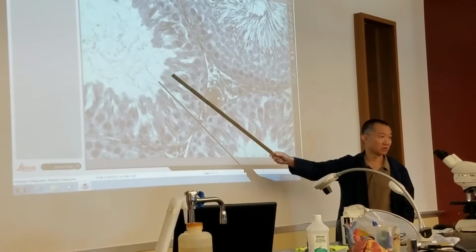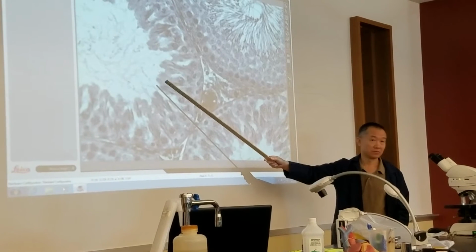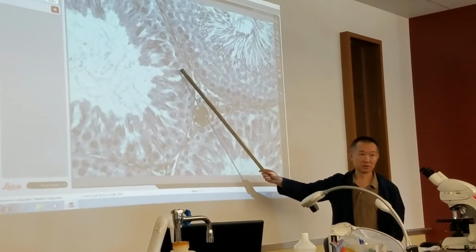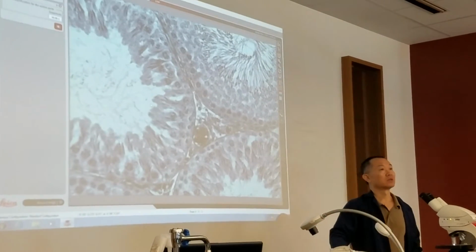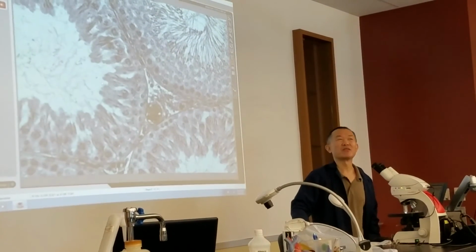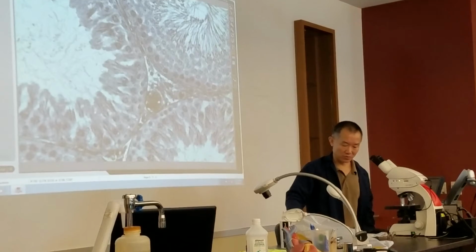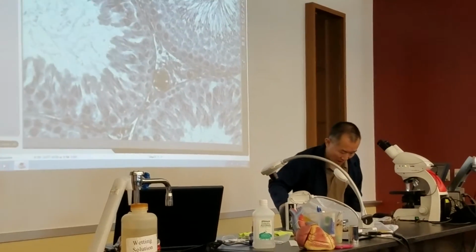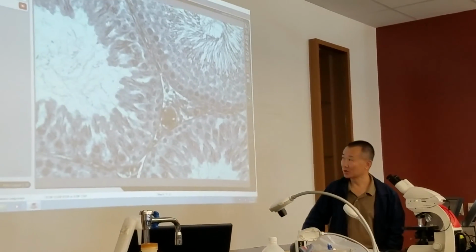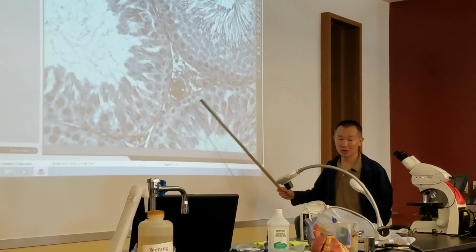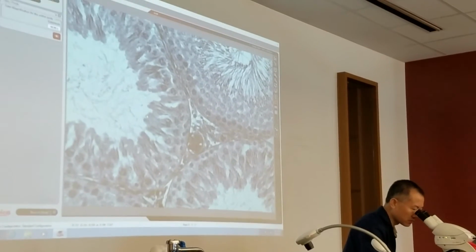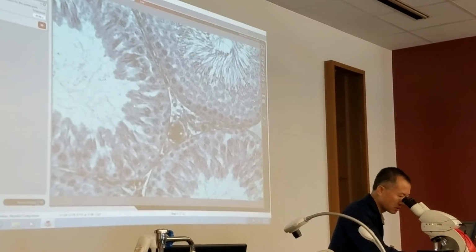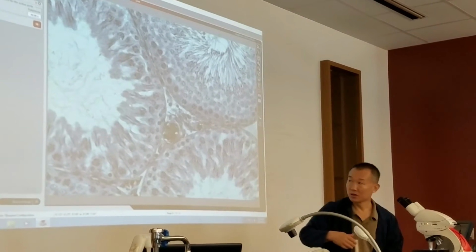Vas deferens? No. The circles. What? The seminiferous tubules. Yes, seminiferous tubules. So you have seminiferous tubules, and then I point to the cells over here and ask you what type of cell it is. Like you see several cells here.